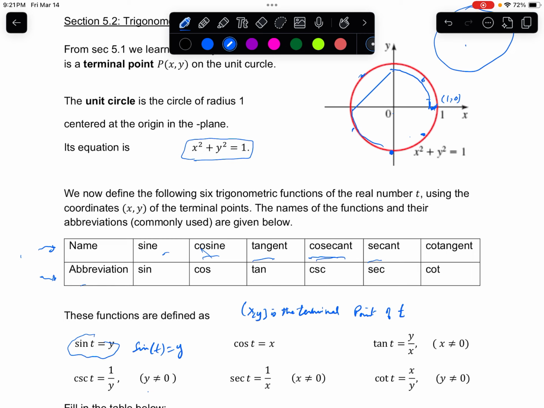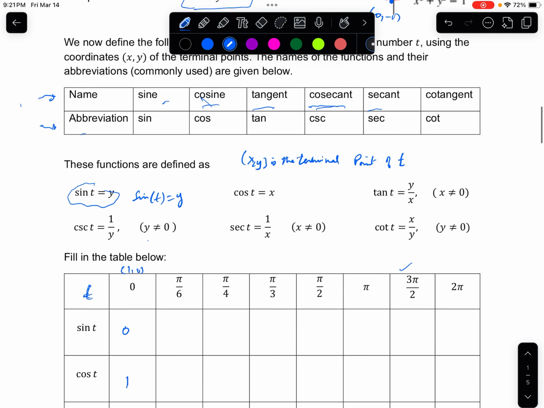So this whole length from t equals 0 up till here is 3 pi over 2. And what are the coordinates? (0, negative 1).